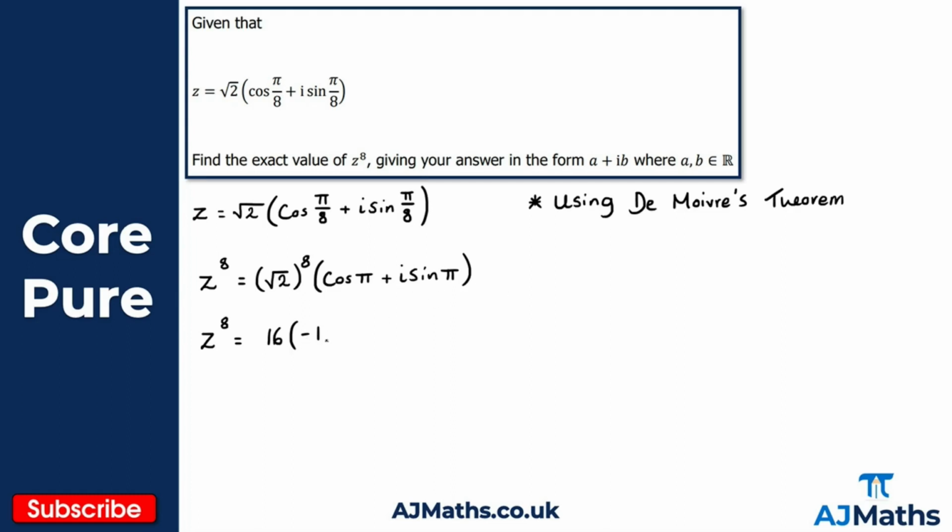So I get minus 1 plus 0, so it's just 16 times minus 1. And in that case, you simply get that z to the power of 8 is minus 16. And there we have it. That's our solution to question 2.